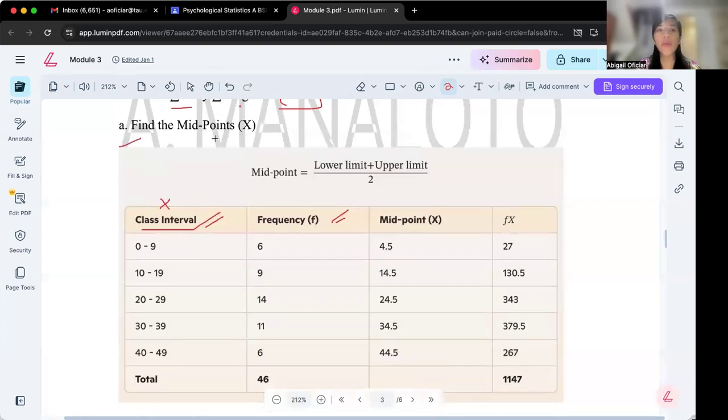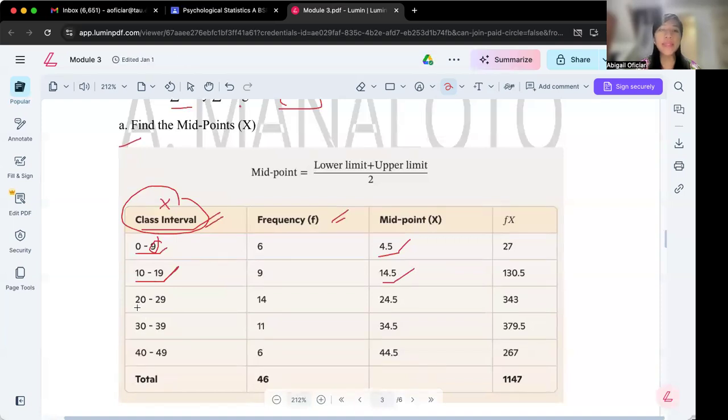So let's say we have the class interval and the frequency already. The first step is to find the midpoint x. Let's look into the midpoint of 0 to 9. If we divide 9 by 2 to get the midpoint, the answer is 4.5. Then to get the midpoint of the next class, we can simply add 10 plus 19 divided by 2, and that's 14.5.